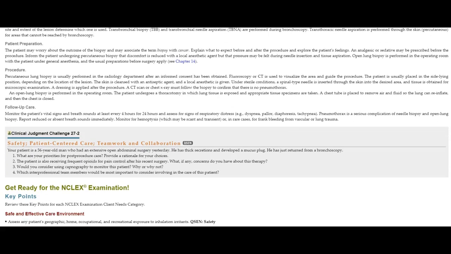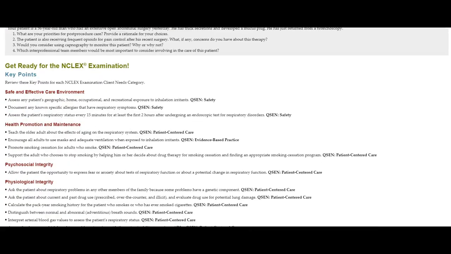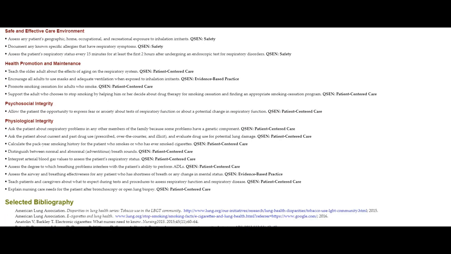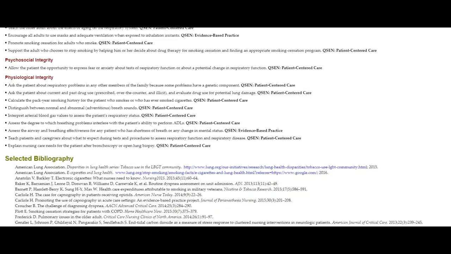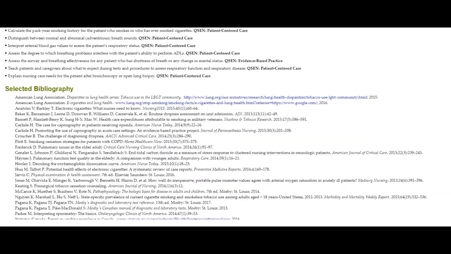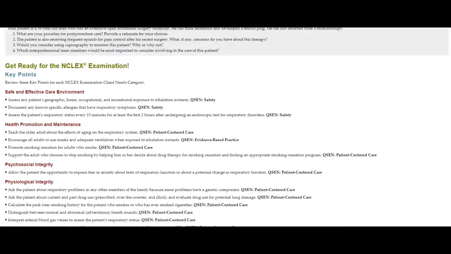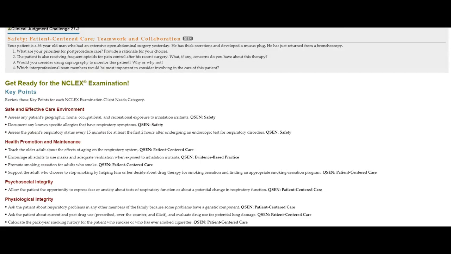With the lung biopsy, I wanted to go all the way down if I can find it in here. I want you guys to focus in on pneumothorax. You need to be able to assess a pneumothorax. I can't find it in here, but on the page, I think I'm going a little too fast. Let me find it and I'll get right back. This is chapter 27, page 527.